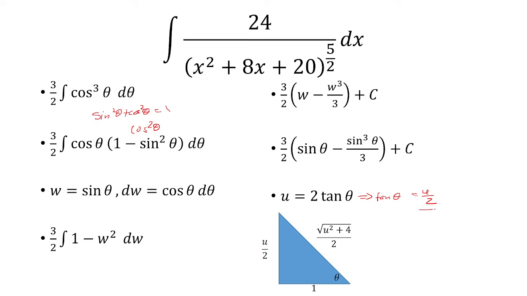So in this case, I just said u over 2, and then all over 1 is just u over 2. Technically, you could also just say u and 2, and the hypotenuse will be the square root of u squared plus 4. So that probably makes more sense to do. So the triangle in red is just twice this triangle right here.